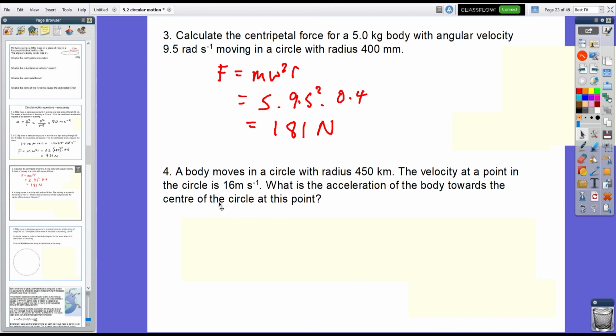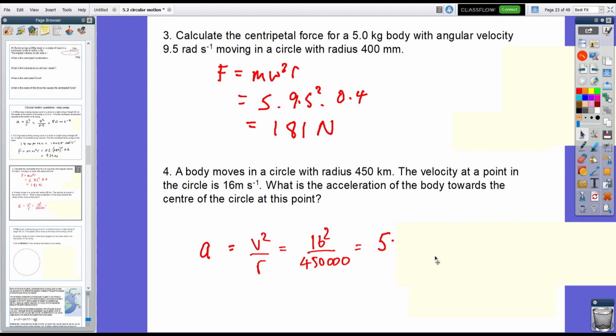We've got to choose between a equals v squared over r or a equals omega squared r. Clearly it's going to be a equals v squared over r. 16 squared divided by 450 kilometers gives 5.6 times 10 to the minus 4 meters per second squared.